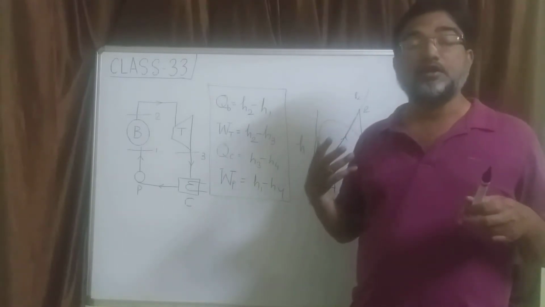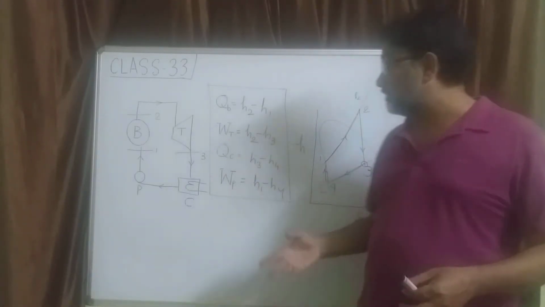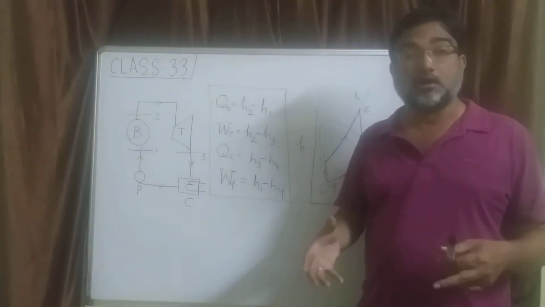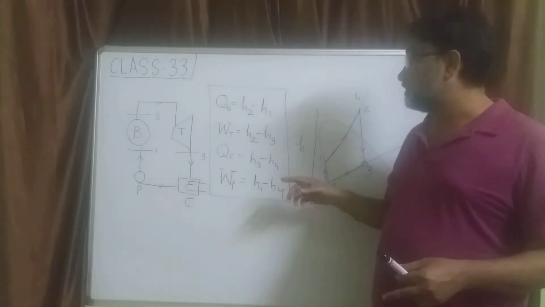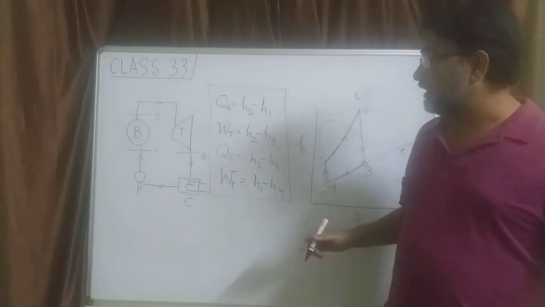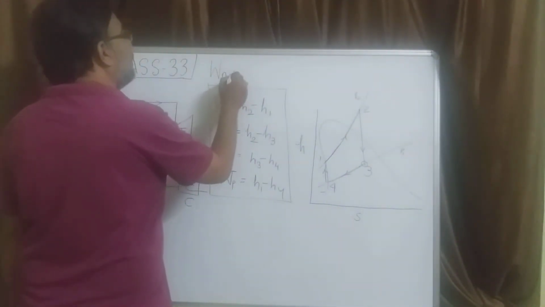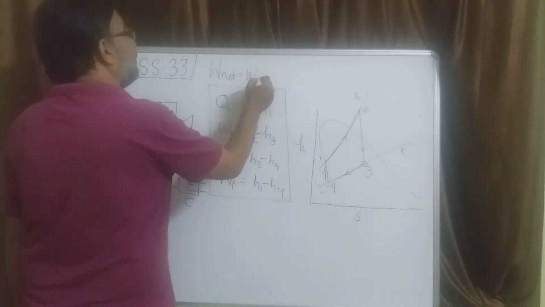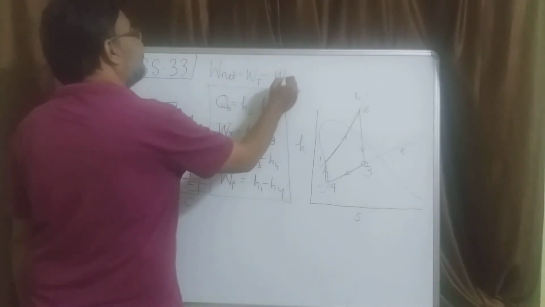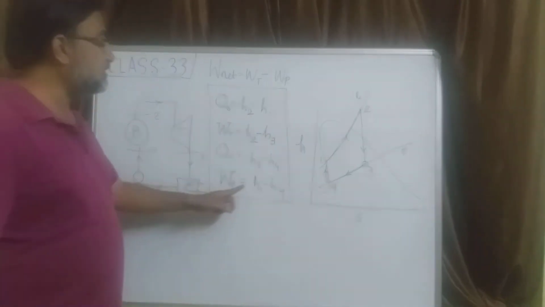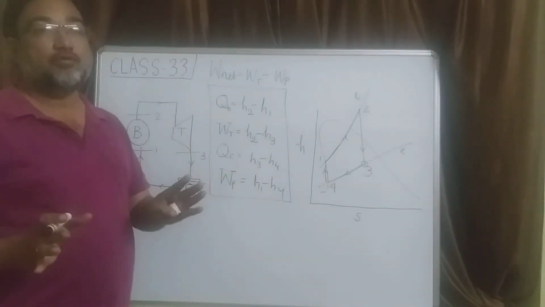What is the amount of heat rejected by steam in the condenser, H3 minus H4. And what is the amount of pump work required, H1 minus H4. Okay. So what is the net work? W net is turbine work minus pump work. So H2 minus H3, whole thing, minus H1 minus H4, that will give you the net work.